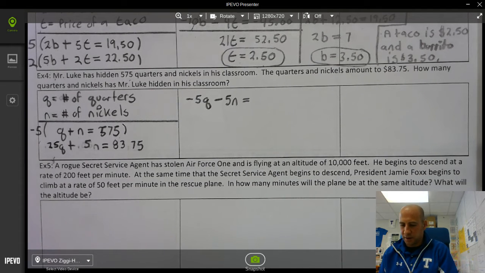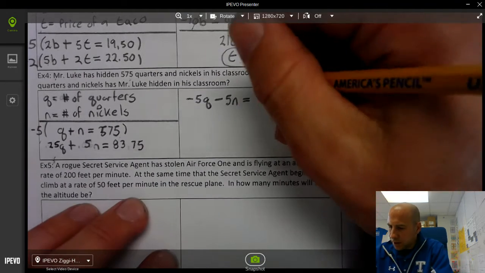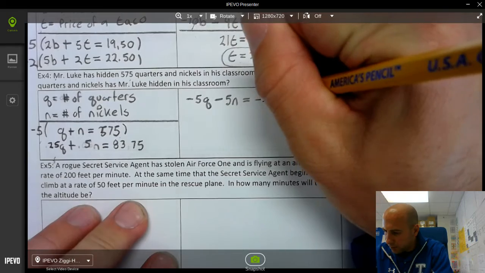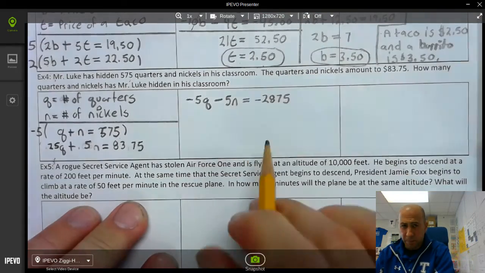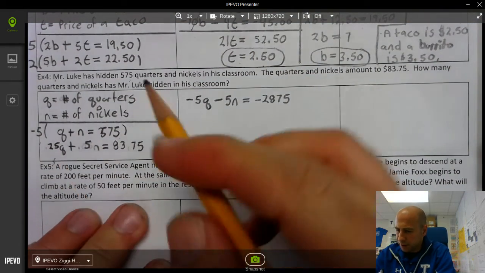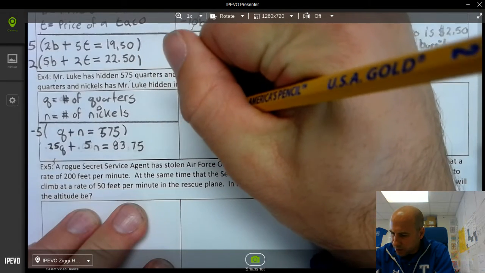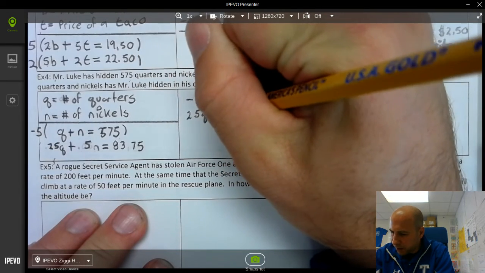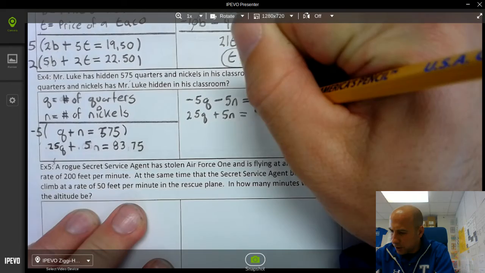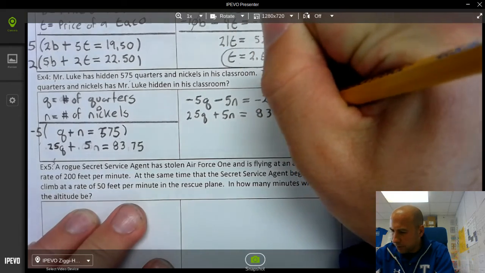Let me just calculate this. And if you have a calculator, you could do that too. But -5 times 575 is -2875. And then we just rewrite the second equation. So that's 25Q plus 5N equals 8375.